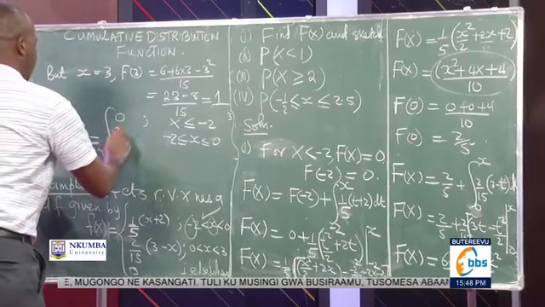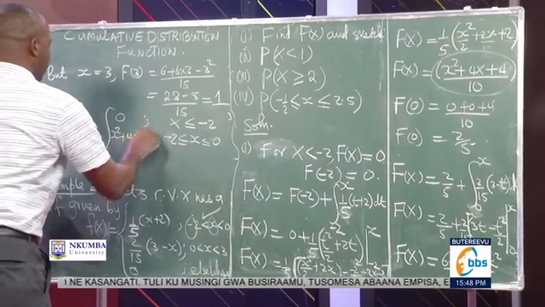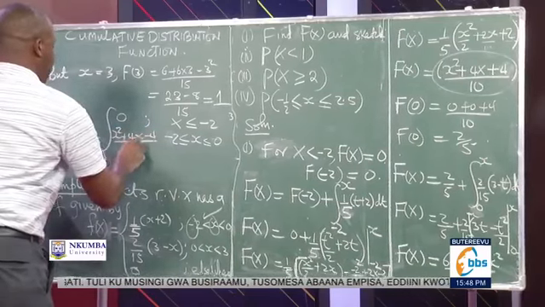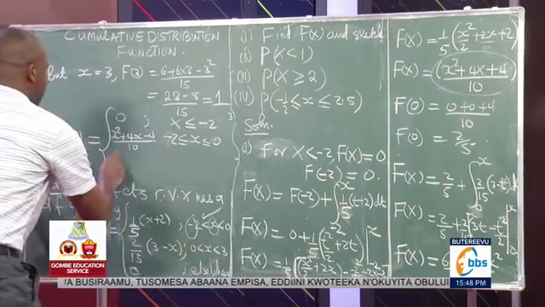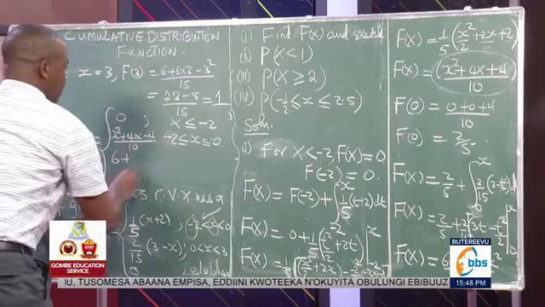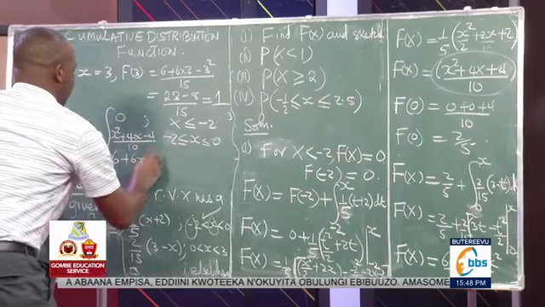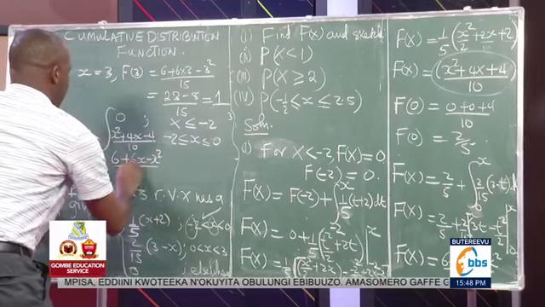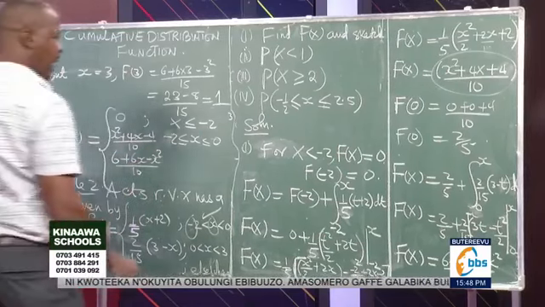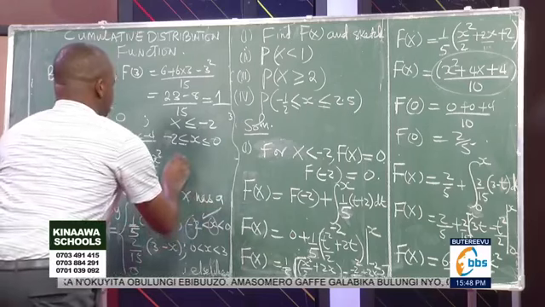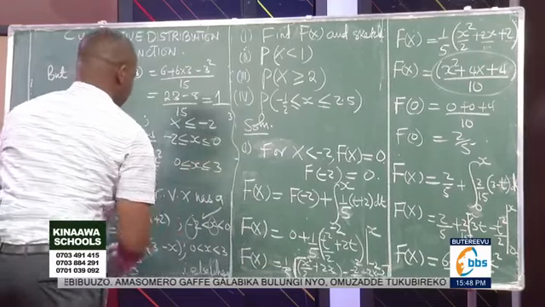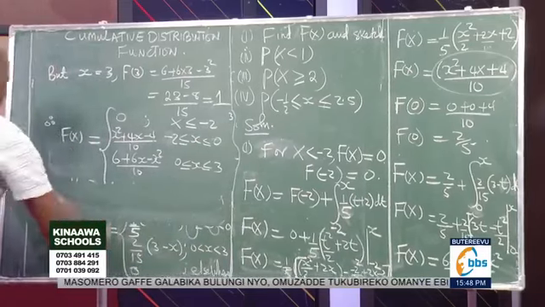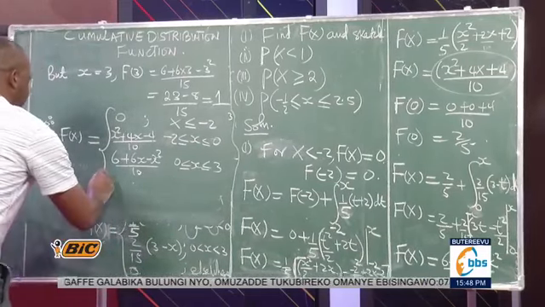X squared plus 4x minus 4 over 10. And then the last function here is 6 plus 6x minus x squared over 10. And this is for our last range, 0 less or equal to x less or equal to 3. And we must always end with a 1.